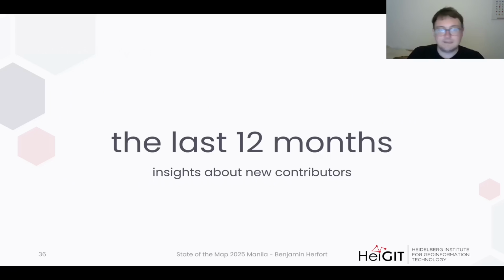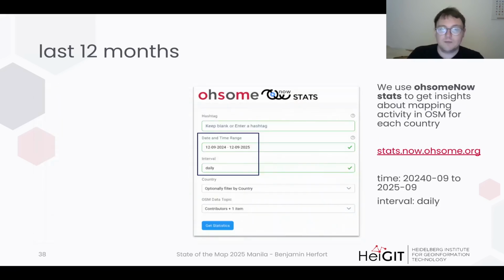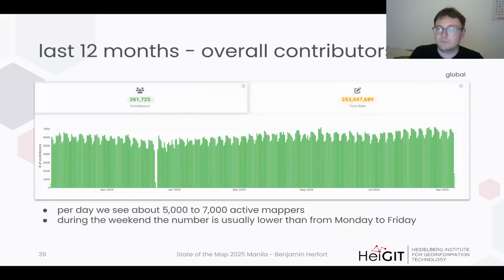Okay, and finally, let's take a look at the last 12 months and get some insights about new contributors. So again, we use our dashboard. We filter for the last 12 months on a daily interval, and what you get is something like this. Per day, we see about 5,000 to 7,000 active members.